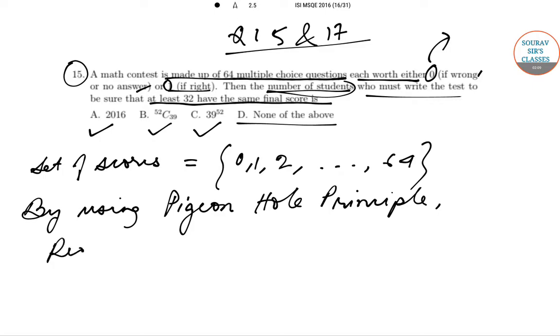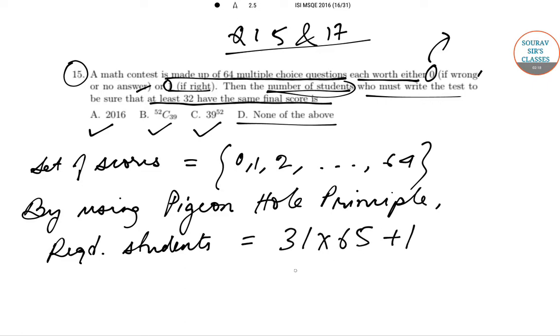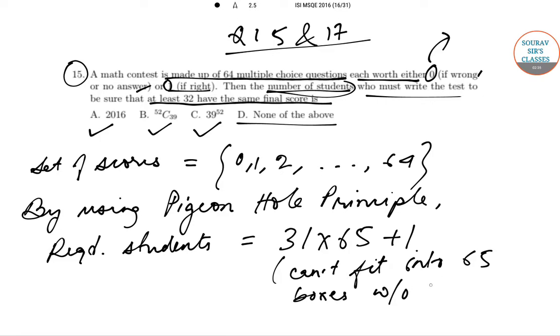The required students is equal to 31 into 65 plus 1, which is the same as saying they cannot fit into 65 boxes without 32 in at least 1.